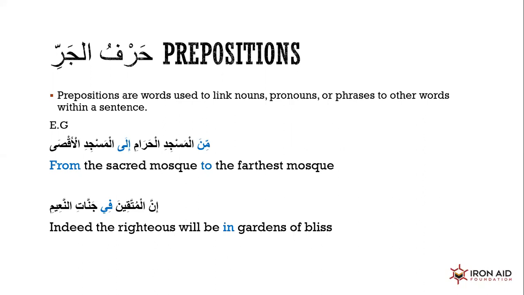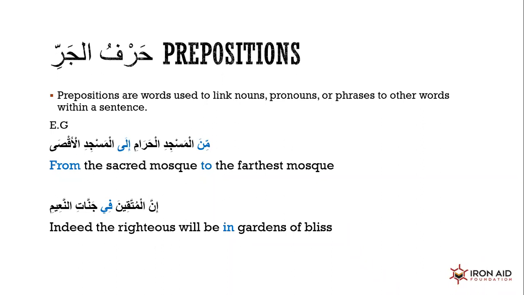Simply put, these are examples from the Quran. Surah Al-Isra, min al-masjid al-harami ila al-masjid al-aqsa. The two highlighted preposition words are min and ila, which means from and to. So from al-masjid al-haram, the sacred mosque, to al-masjid al-aqsa, the farthest mosque.